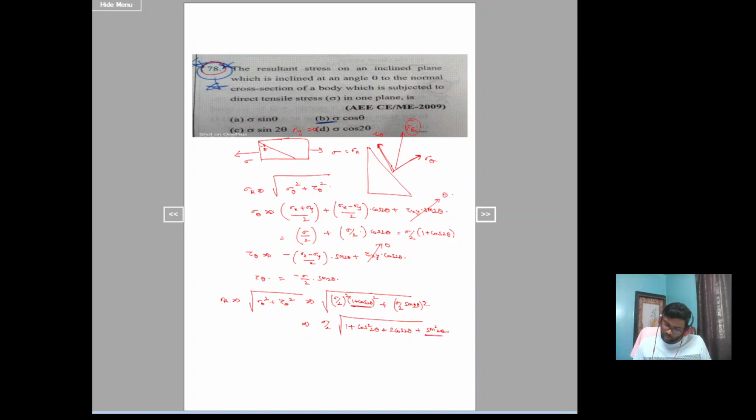Since cos square plus sin square is 1, that equals sigma by 2 into 2 plus 2 cos 2 theta. You can take 2 common, so that is sigma by 2 into root 2 into the square root of 1 plus cos 2 theta.